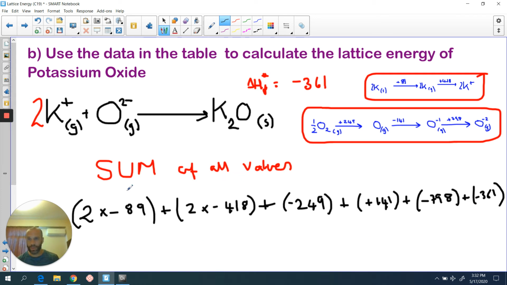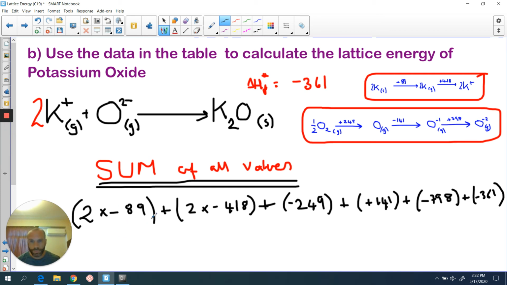So I've just written out the sum here, and remember, all we are doing is summing all the values together and reversing the signs if the opposite process, or the reverse enthalpy process, is happening. Or you can just think of it as reversing the sign of everything that's on the left-hand side. That's the way I do it anyway.